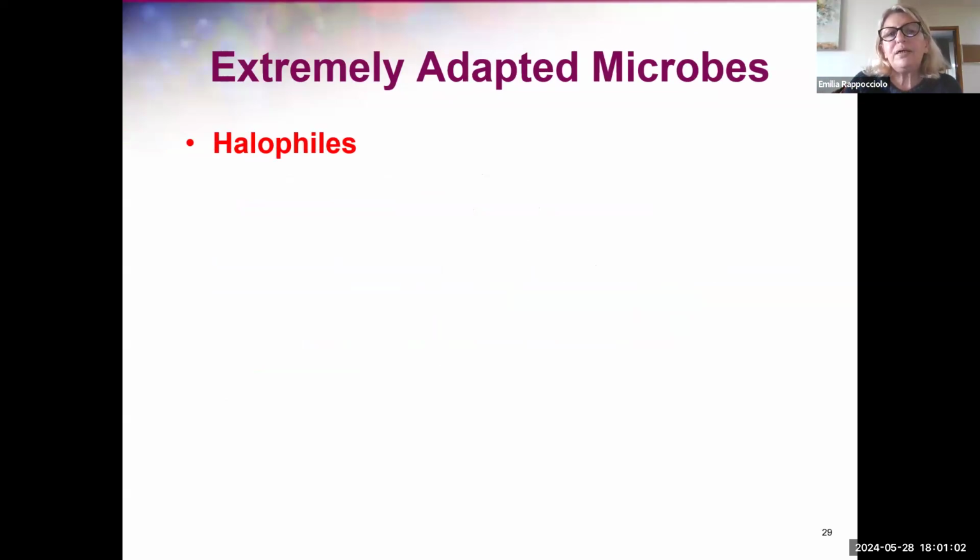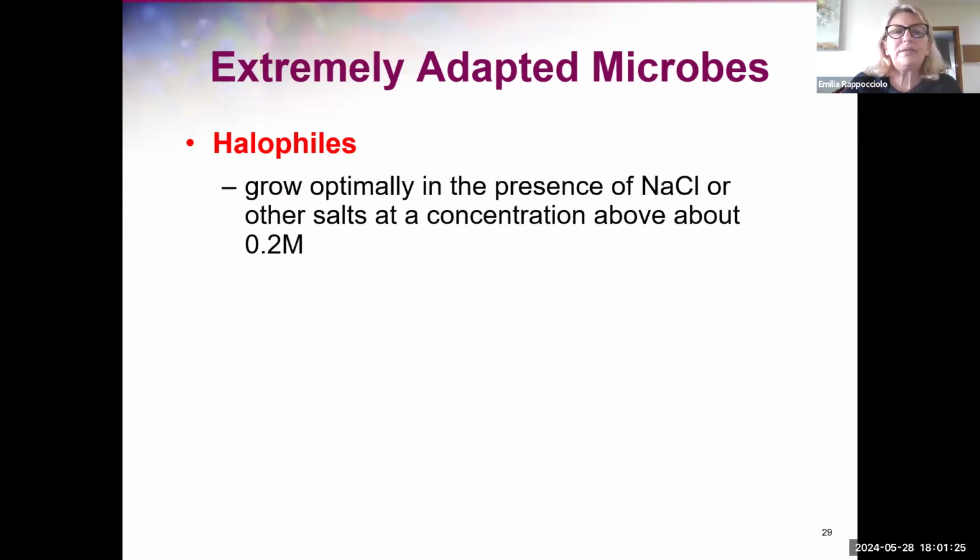For extremely adapted microbes, there are more complex and more sophisticated mechanisms that are put in place in order to help them grow and divide in environments which have a much higher difference in concentration. So we have the halophiles.